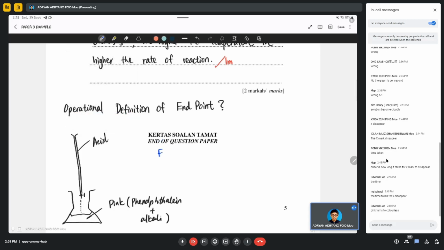Okay, endpoint can be defined operationally as what? As the point where pink solution turns colorless.